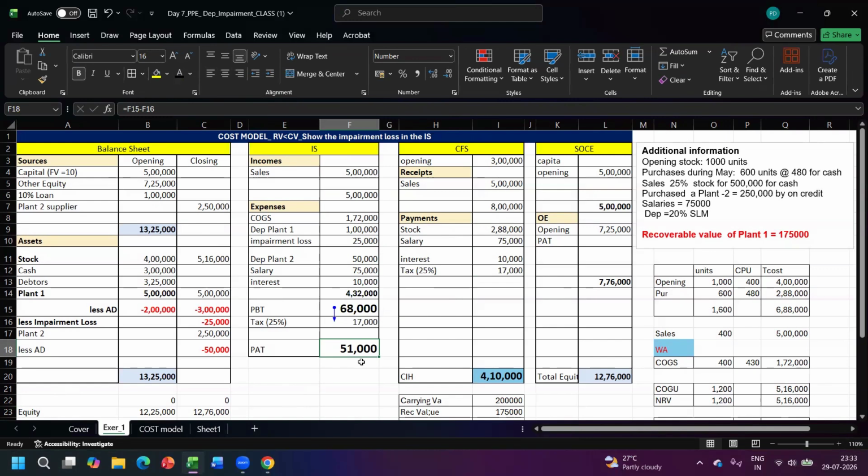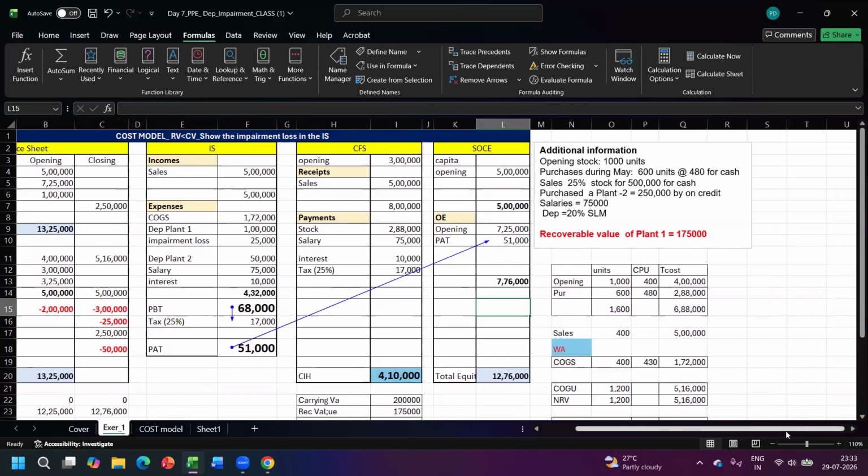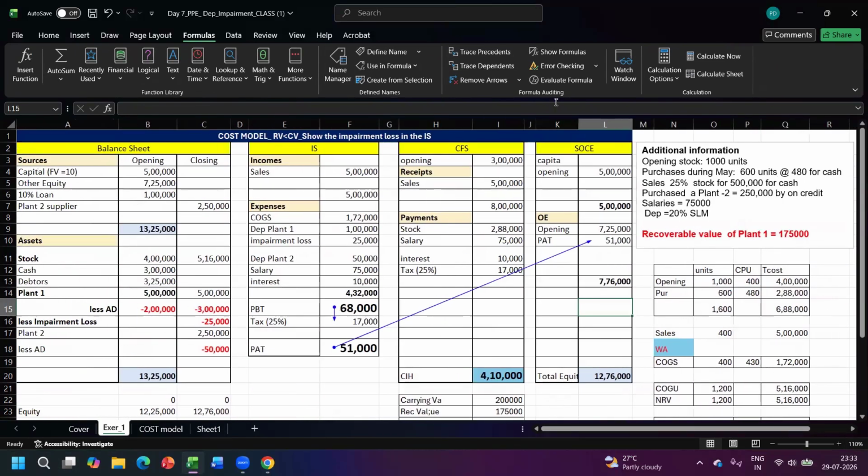And PAT is money that belongs to the shareholder. Therefore, PAT will be transferred to the statement of changes in equity. So our income statement is done. Incomes, that is sales, minus expenses is PBT.